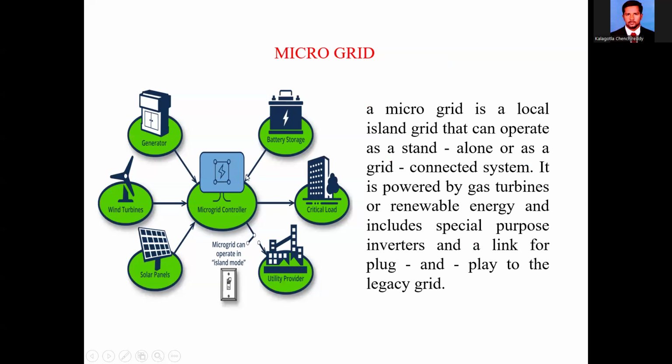To this microgrid controller, I have connected 4 inputs: the solar panel, the wind turbine, generators, and battery storage. These 4 are the microgrid inputs. The microgrid controller outputs are critical loads and utility providers. These two are the output side loads.